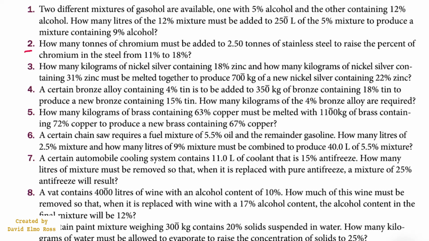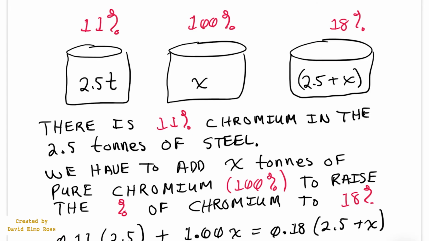It says how many tons of pure chromium must be added to 2.5 metric tons of stainless steel that already contains chromium at 11%. And what we want to do is raise the percent of chromium to 18% by adding pure chromium. Now, as it said in the problem, there is 11% of chromium in the 2.5 tons that we have here.